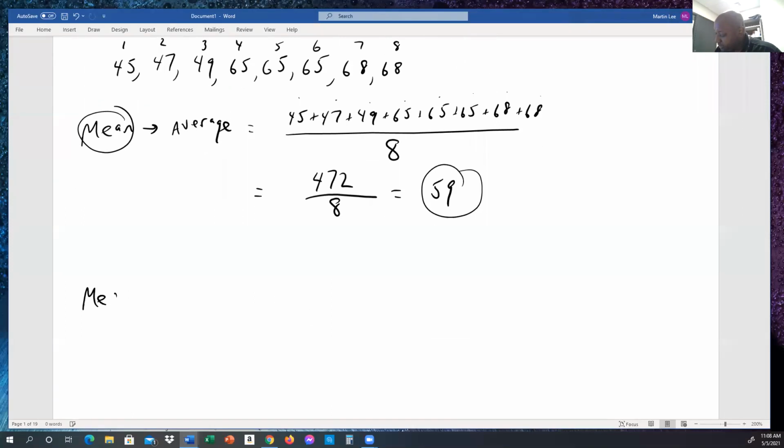Now for the median, the median is the number that's in the middle. So the number in the middle of, in this case, of all 8 numbers.